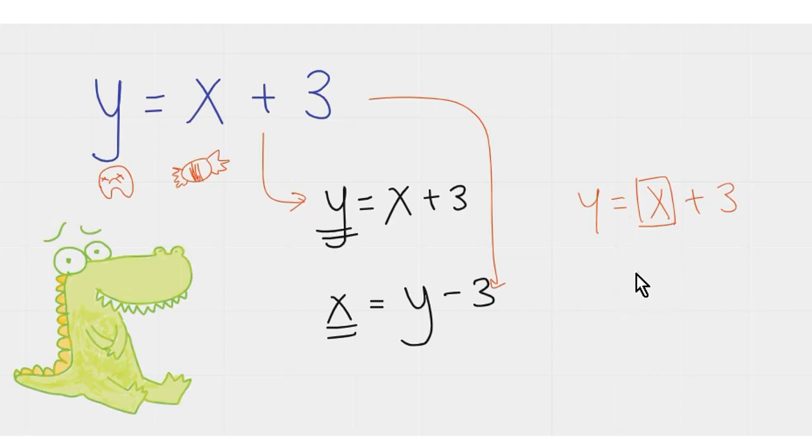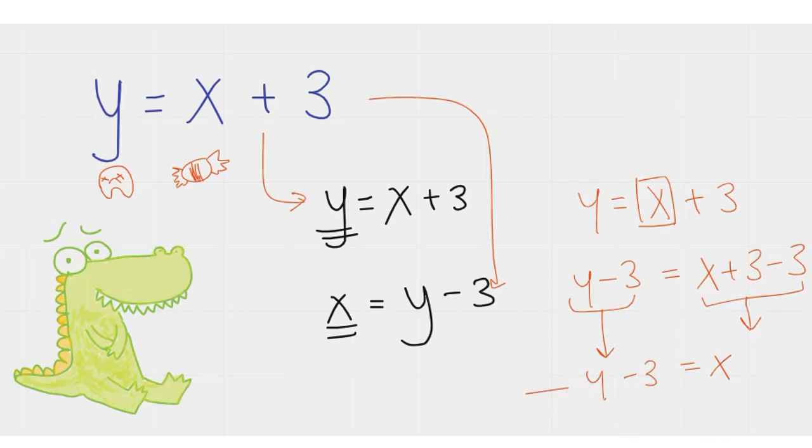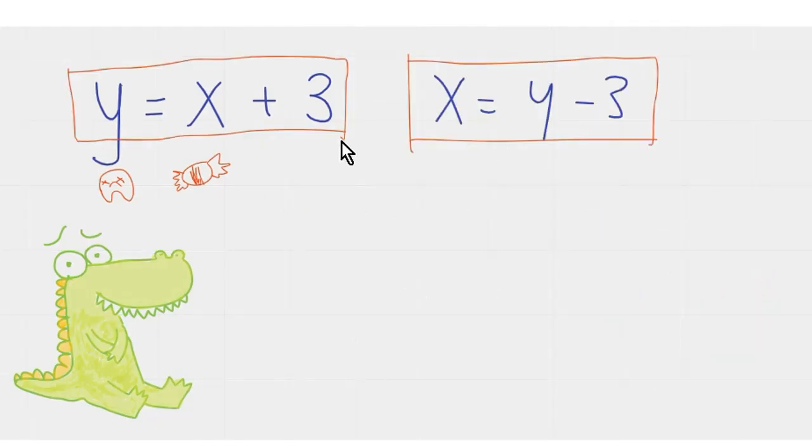So here we'll need to take away the 3 on both sides, and this would just mean x, and on this side it will now be y take 3, and now we get the second equation. So these two are really the same equation, just rearranged.